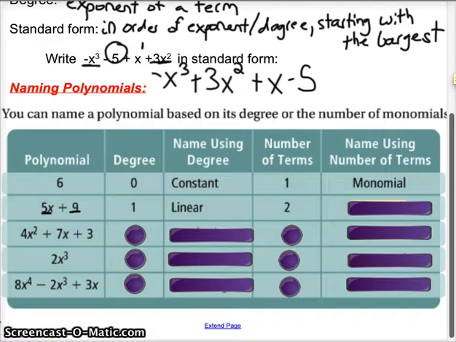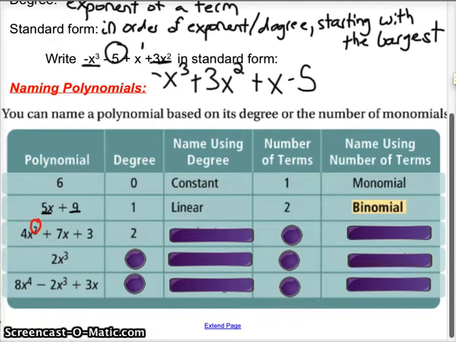And what we call a 2-term polynomial is a binomial. Bi meaning 2. All right, degree of this one. Well, I see an x squared term in here. So this is going to be squared, or a degree of 2.